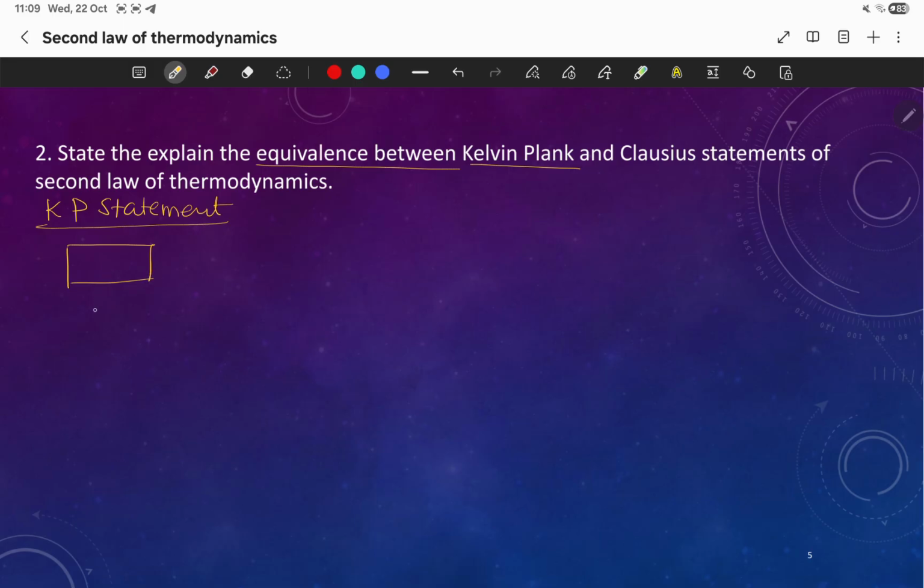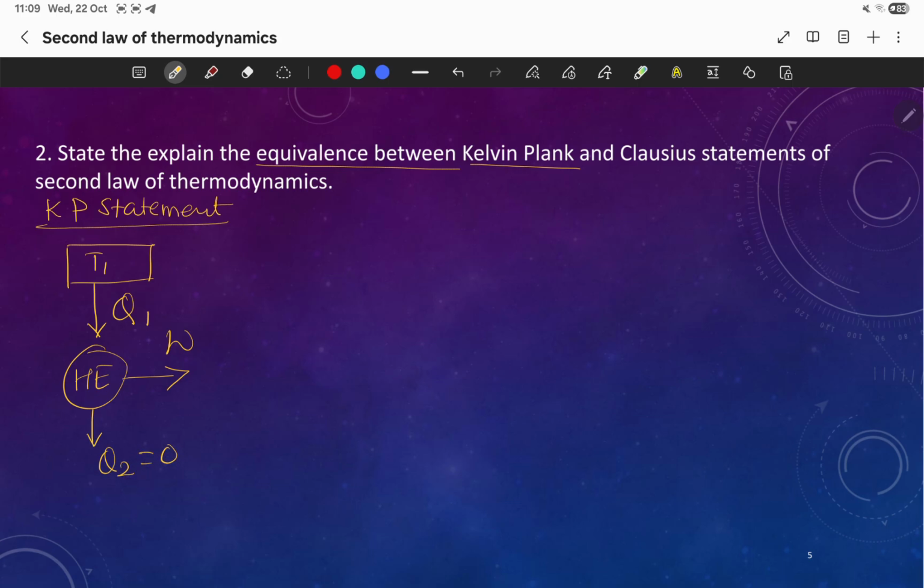if we have a thermal reservoir at T1 and it is receiving heat, a heat engine is here and we are getting work directly. Okay, this is Q1 and here Q2 is 0.